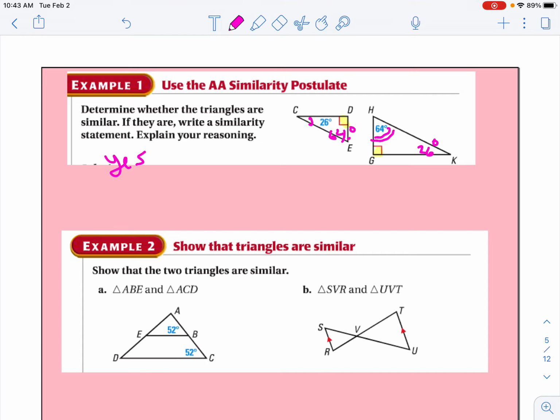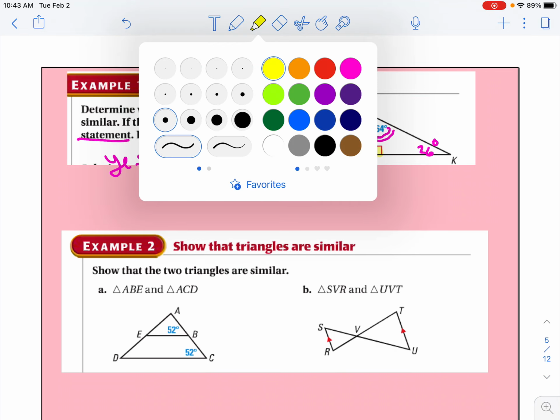So yes, they're similar. And our similarity statement, remember, is writing the two triangles with the similar symbol in the correct order. So I could say that triangle CDE is similar to. Now again, notice how the order matters.